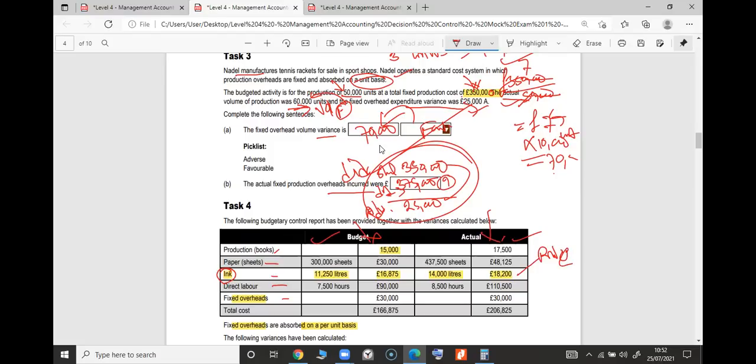Don't go the liter way, go the units way, it would be easier because this is not hours. It should cost this. Good.